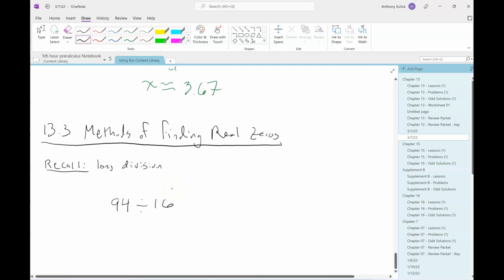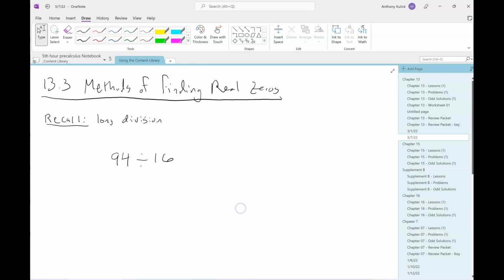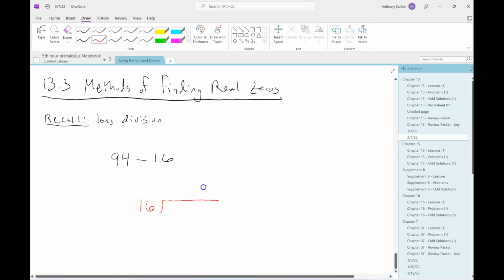So let's say we had something like 94 divided by 16. How did we set something like this up? Go back to your elementary or middle school when you last did long division. Okay, 16 goes on the outside of the thingy. And then what?